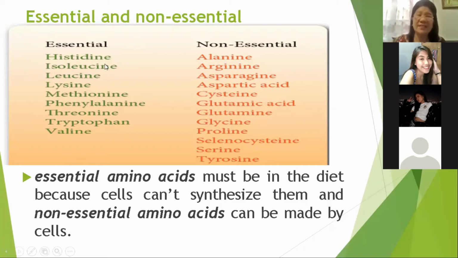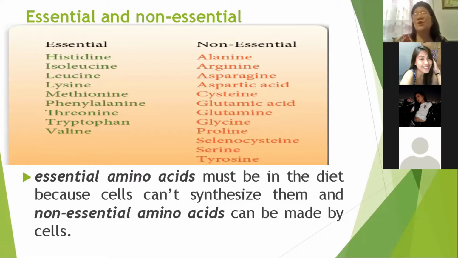These are histidine, isoleucine, leucine, lysine, methionine, phenylalanine, threonine, tryptophan, and valine. The non-essential are alanine, arginine, asparagine, aspartic acid, cysteine, glutamic acid, glutamine, glycine, proline, selenocysteine, serine, and tyrosine.